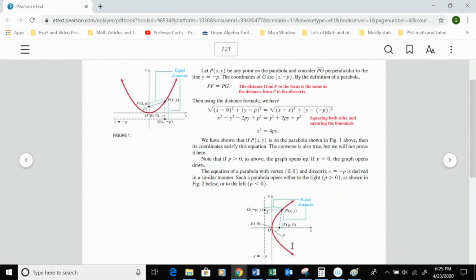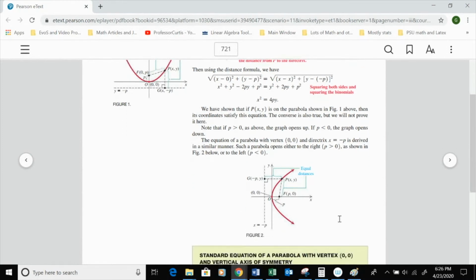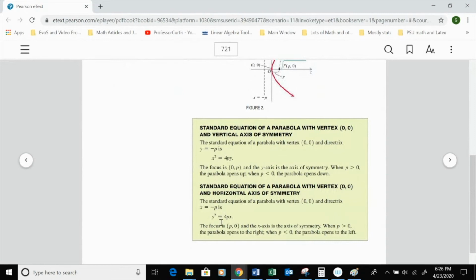This is kind of neat because instead of having parabolas that go up and down, if p were negative, you have parabolas that go to the right or to the left, if the focus were to the left of the origin. So we have these different formulas.